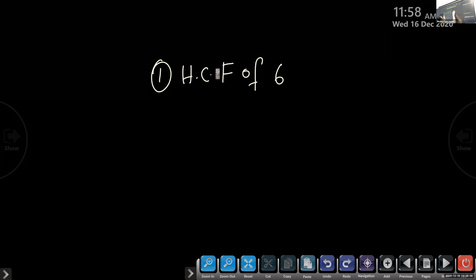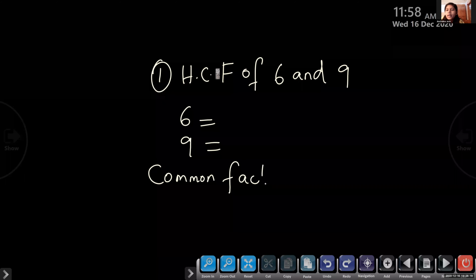I told you here you first use this method. Write down all the factors of 6. Write down all the factors of 9. Then write the common factors. Then find out HCF.